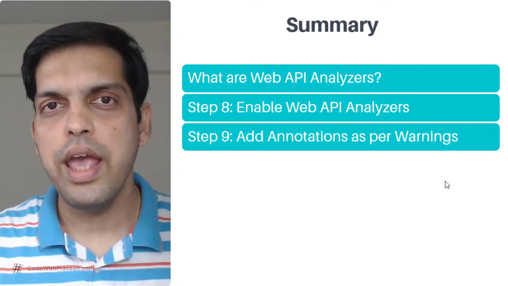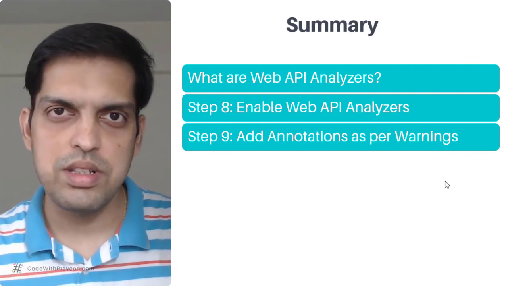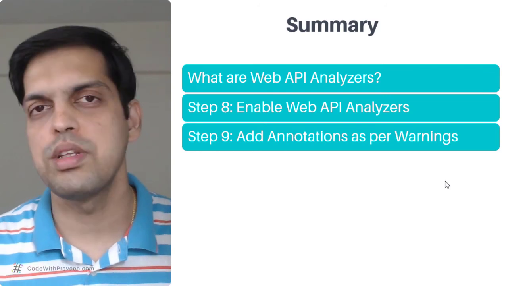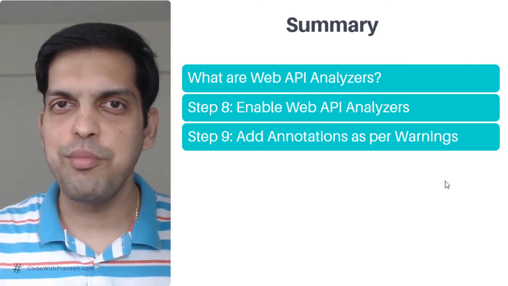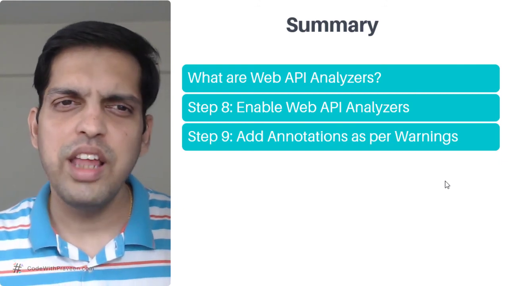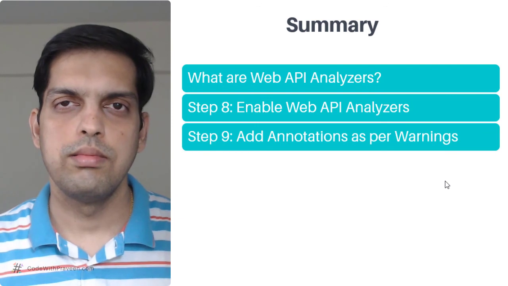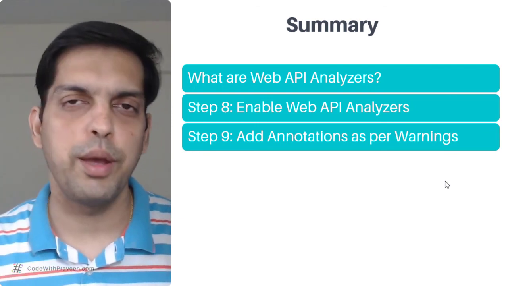You included the attribute, namely produces response type, for each of the action methods that documents the specific HTTP status codes for those action methods. Once you have added this produces response type for all your action methods, it has immensely enhanced your OpenAPI document. This concludes using the OpenAPI analyzers for your cms.webapi project.